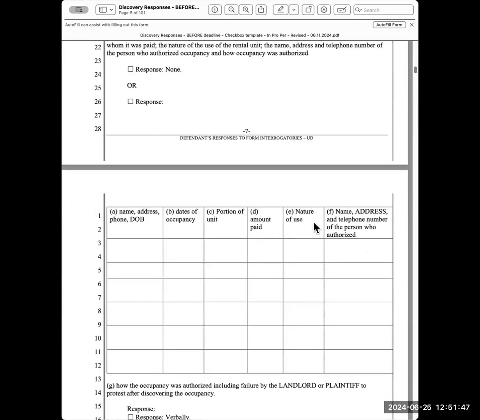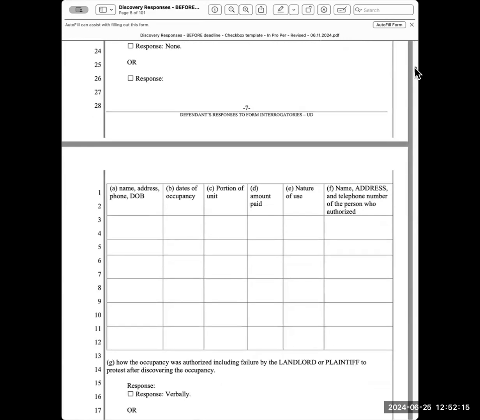However, you want to have any evidence you have of the landlord granting that this additional occupant move into your unit. So if you have a roommate, you would typically let the landlord know so-and-so is moving in. Sometimes the landlords require a credit check, for example, on that person to make sure that they can pay the rent.